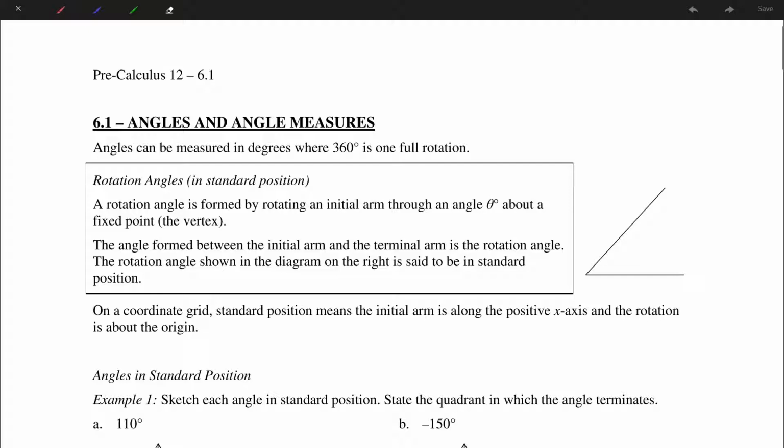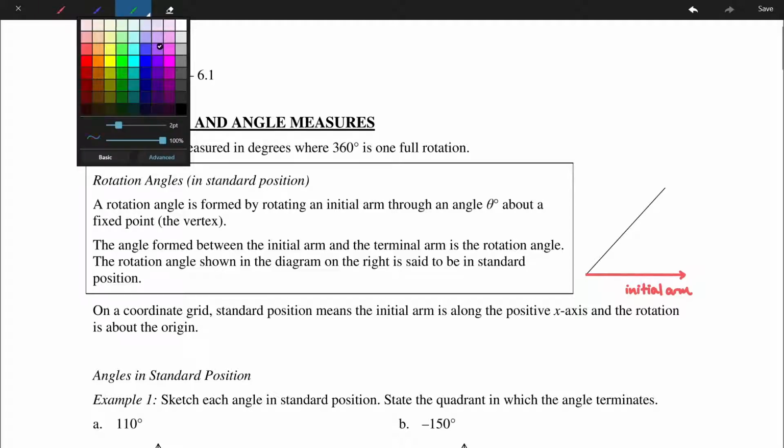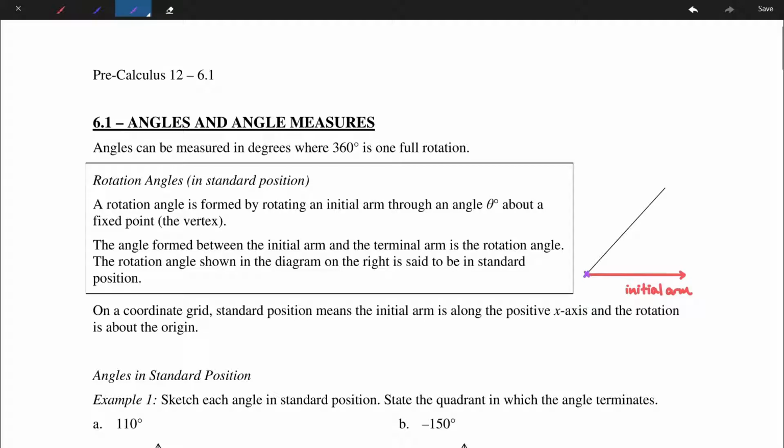So we have rotational angles that are formed with an initial arm, in this case in red, and then we rotate this initial arm about a vertex. So our vertex this time is going to be on the left here.